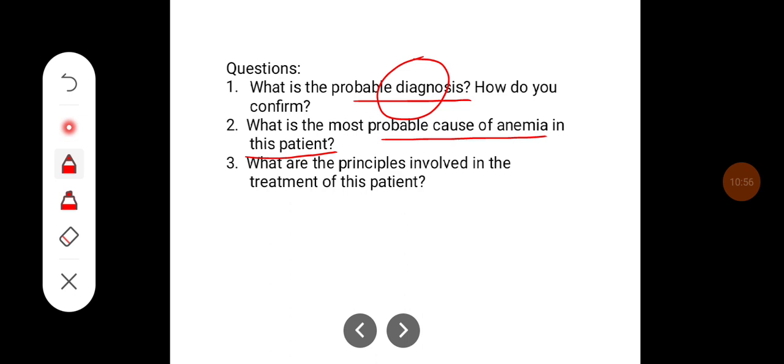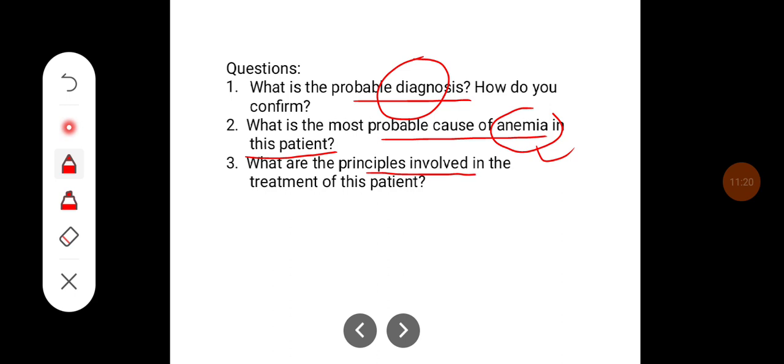Okay, so anemia is caused by the destruction of the RBCs, where in thalassemia there will be absence of a particular type of chain, alpha or beta. It causes the precipitation of the normal chain, so that causes the hemolysis, and that leads to anemia.